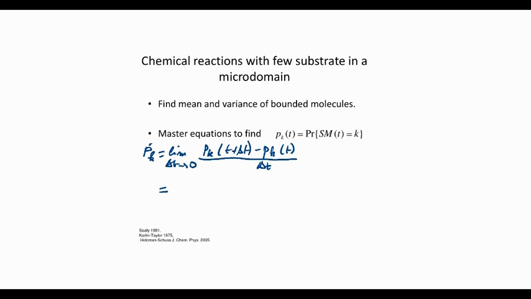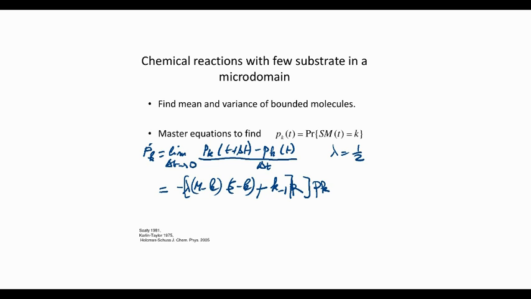And by definition, this is going to be minus lambda (m minus k)(s minus k) plus k minus 1 multiplied by k, times pk, where lambda is 1 over tau.